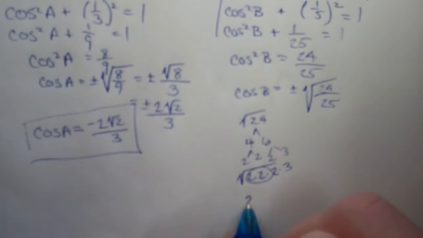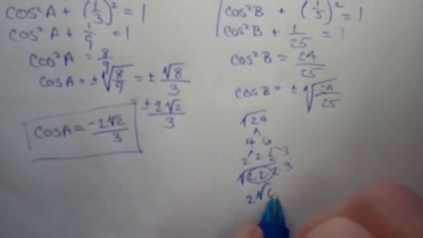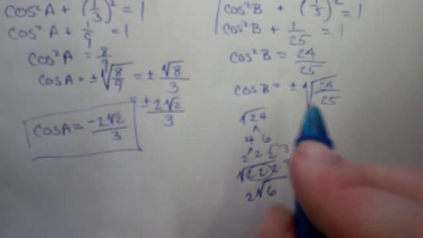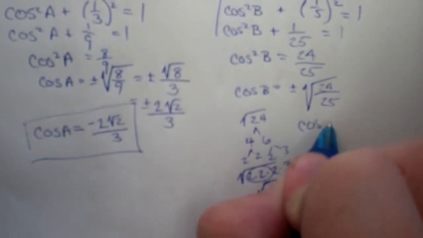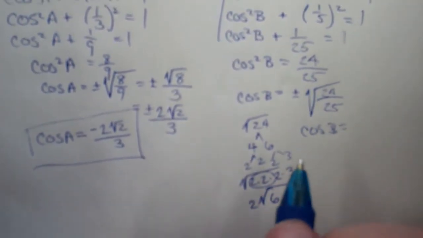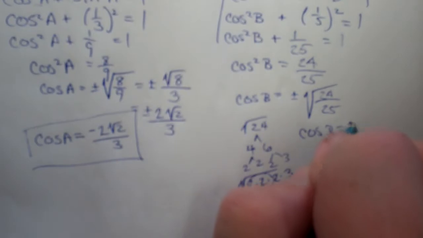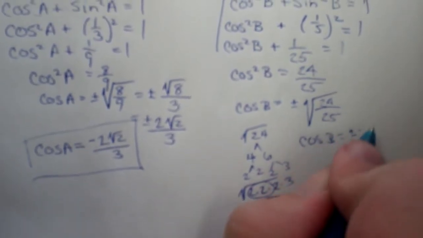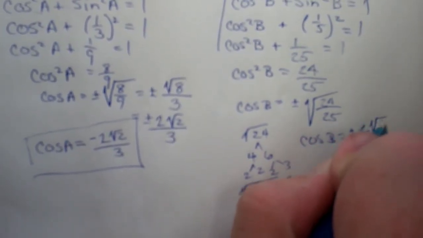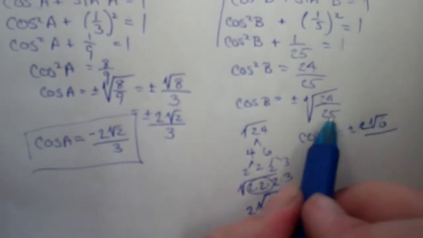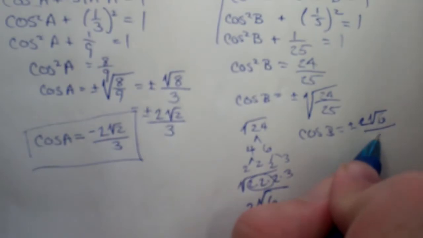There's a pair of 2s, so this is 2 radical 2 times 3. This is 2 radical 6. So we get the cosine of B is equal to plus or minus 2 radical 6 over, what is radical 25? Well, that's just 5.